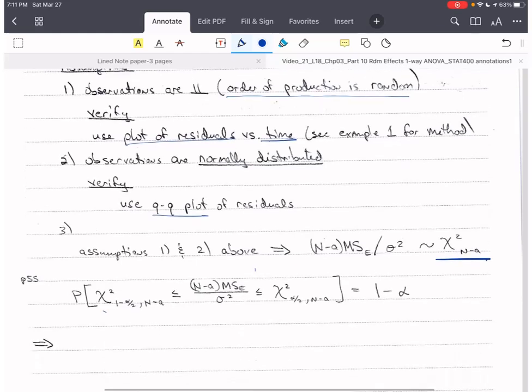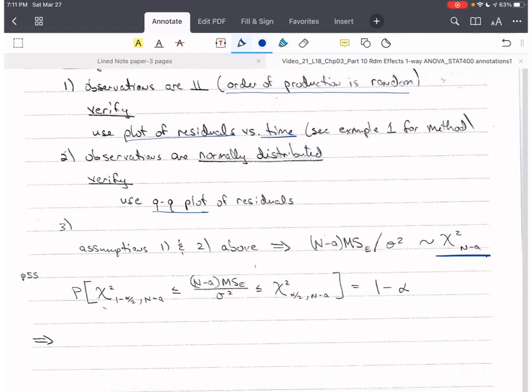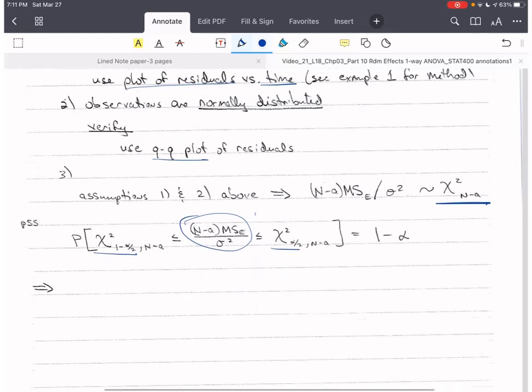Because of that, we can figure out the confidence interval. So as soon as we know how it's distributed, we know that this random variable is between the chi-squared critical value for 1 minus alpha over 2 and the critical value for alpha over 2, and the difference between those is 1 minus alpha.